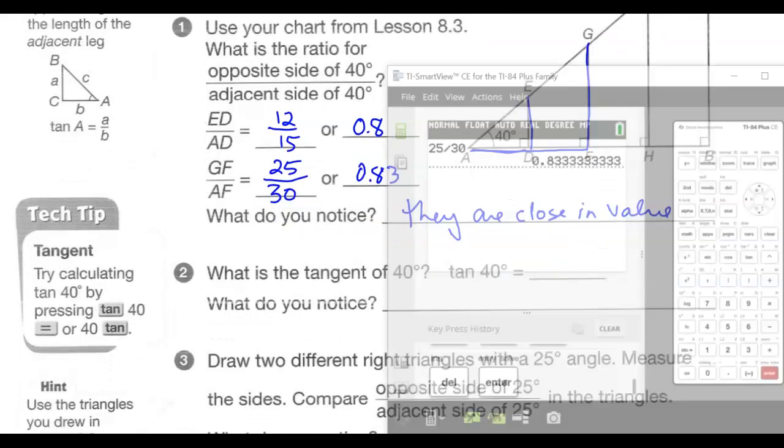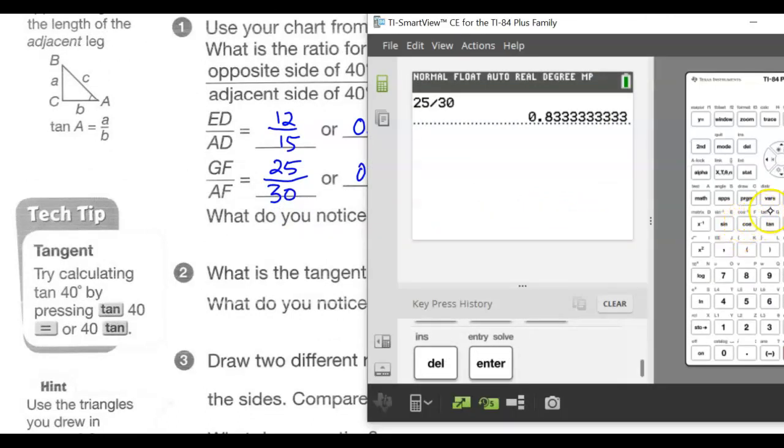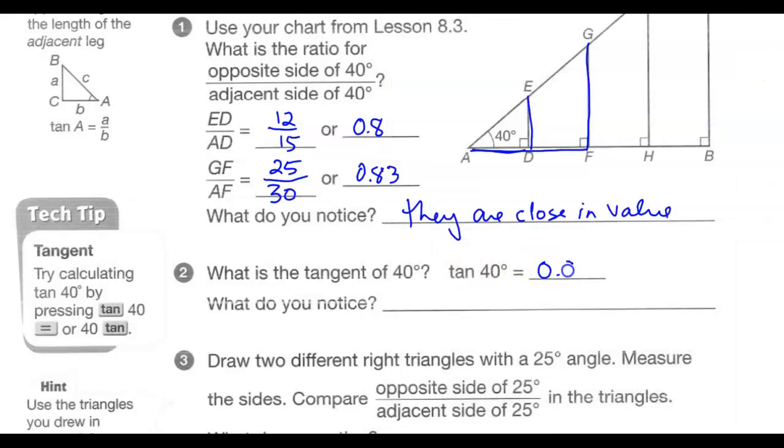What is the tangent of 40? In my calculator, I go tan of 40, and that is 0.84 actually. Again, they are close in value. Remember your calculator, that's the most accurate. It has all the correct ratios for all angles that you put in there, so they are all saved in there.